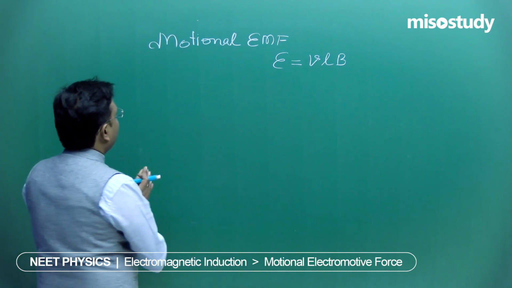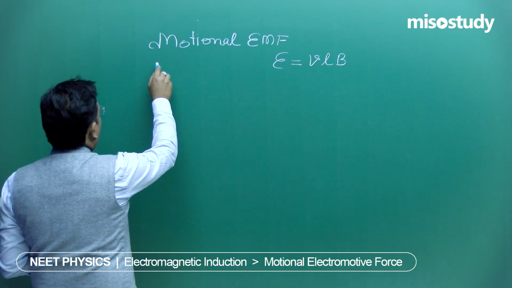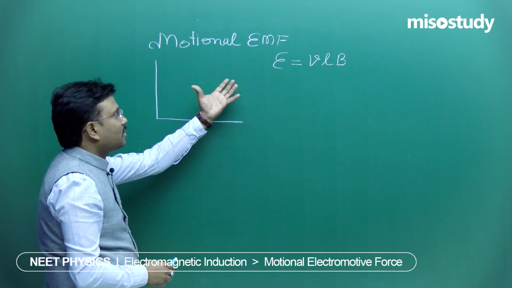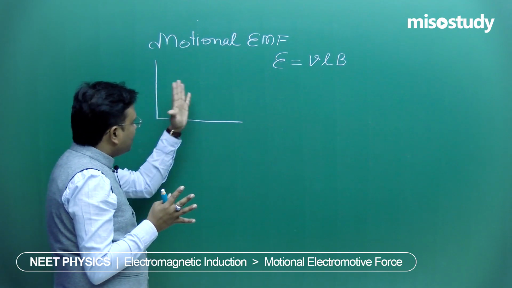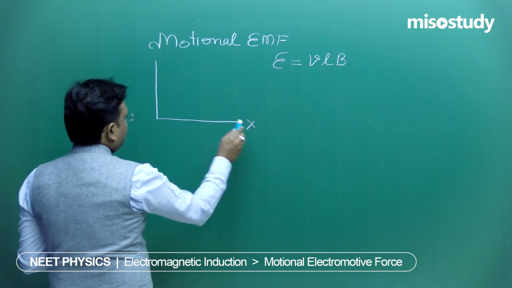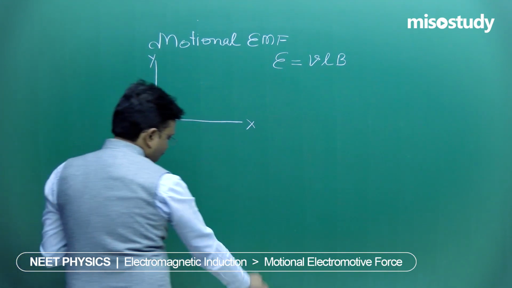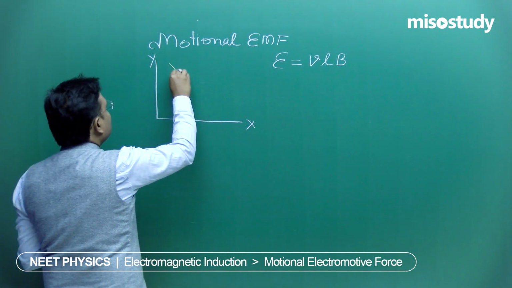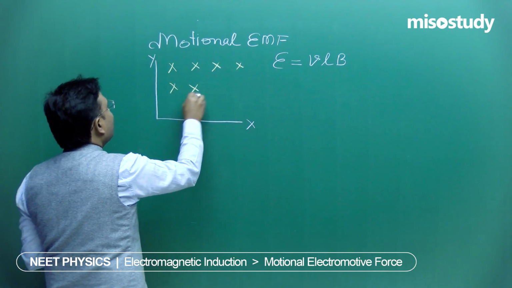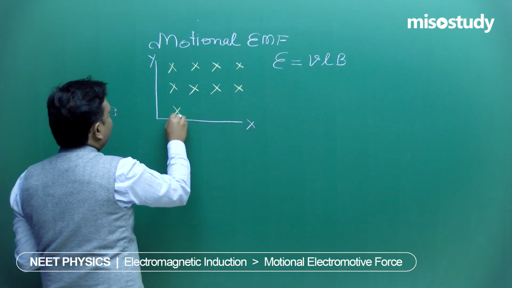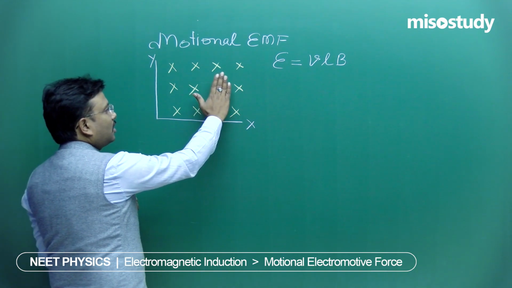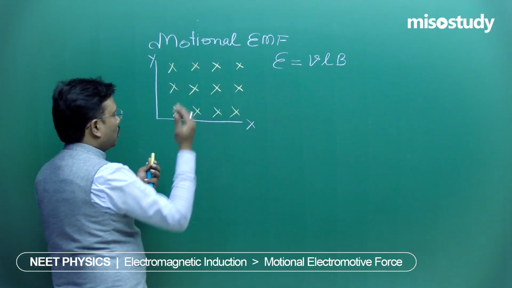And the diagram that I would like to explain to all of you once again, because ultimately in this class we are going deep inside this conductor to analyze the cause. Fine. So let us say this is the x axis, this is the y axis, and over here these yellow cross marks are showing you the magnetic field, which is present perpendicular to this green board, going inside; that is the symbolic representation.